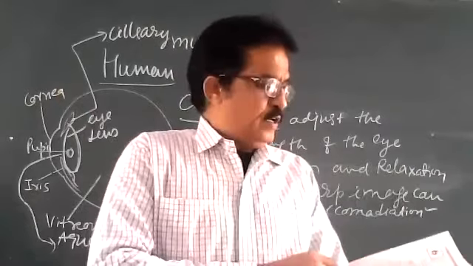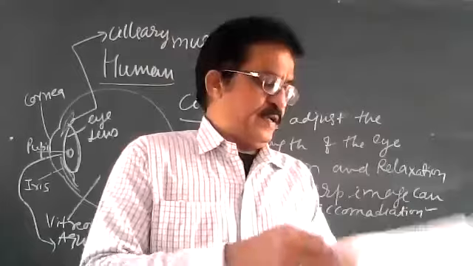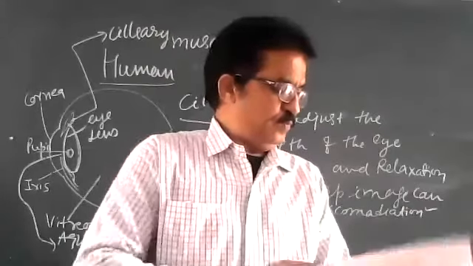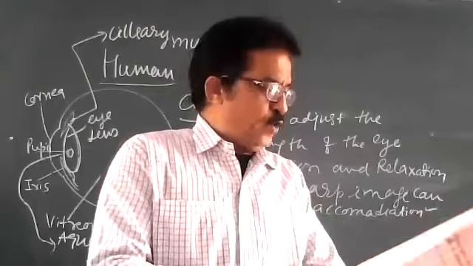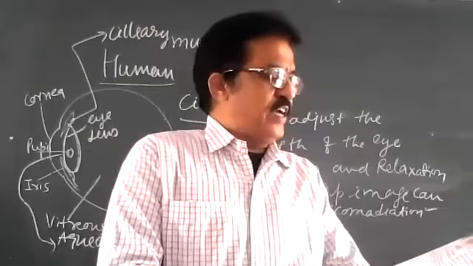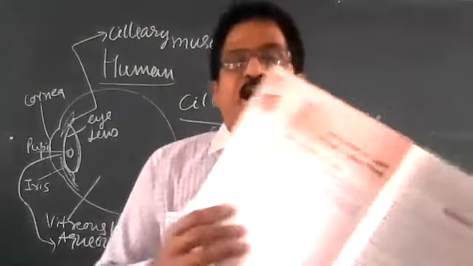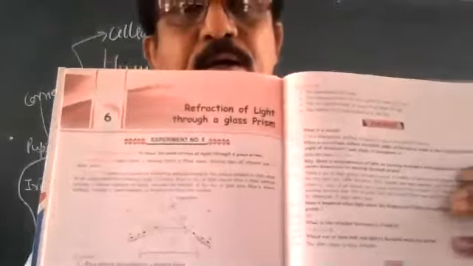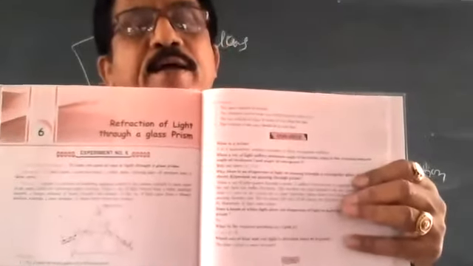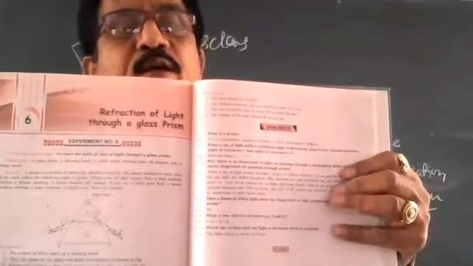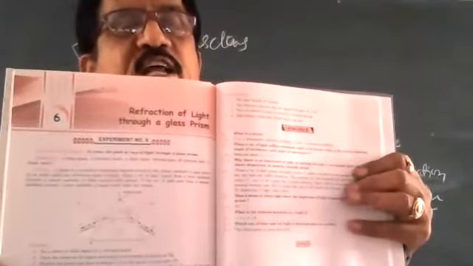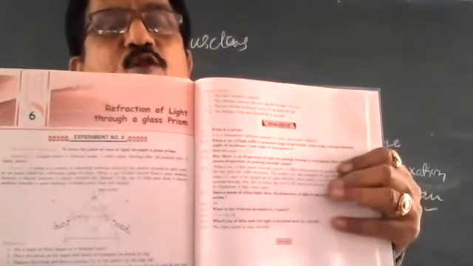Refraction through a glass slab you have already written. Now: to trace the path of rays of light through a glass prism. Go through your lab manual and write all the things which are there. Refraction of light through a glass prism.